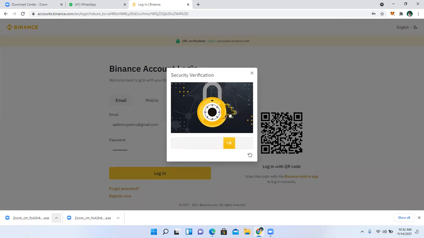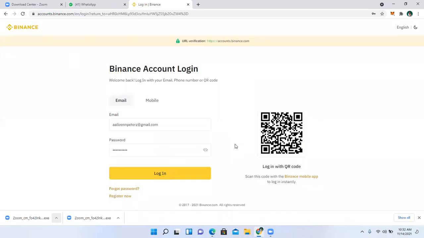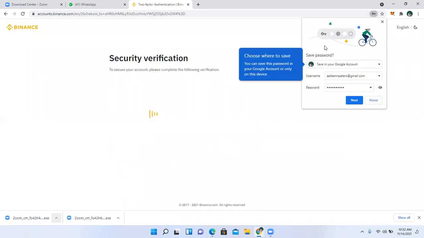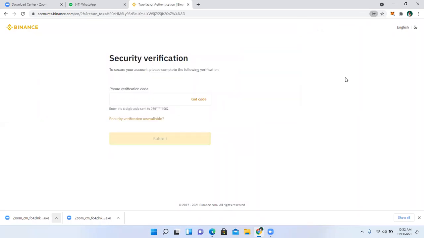So this stuff, you just move it to cover this puzzle, more like a puzzle kind of thing. So if you go to do your verification, let me get the code.